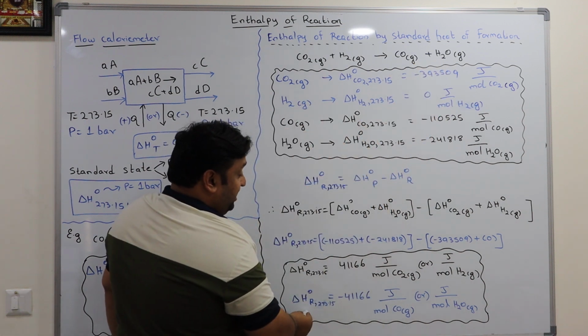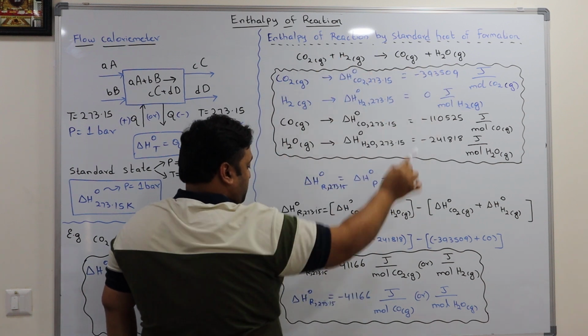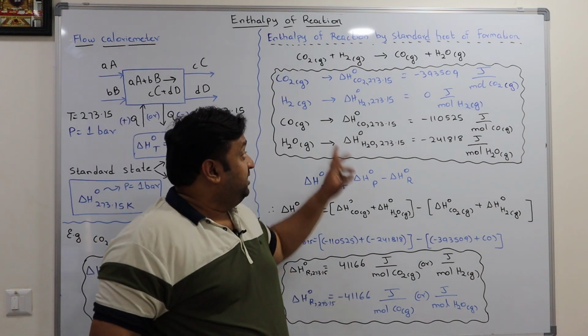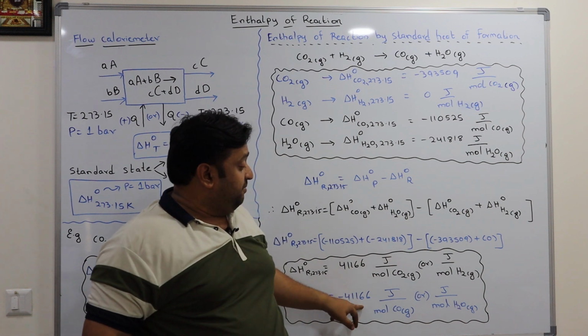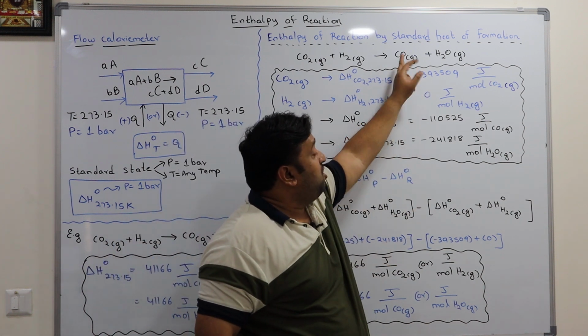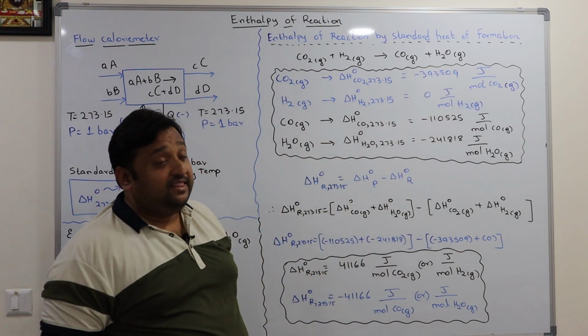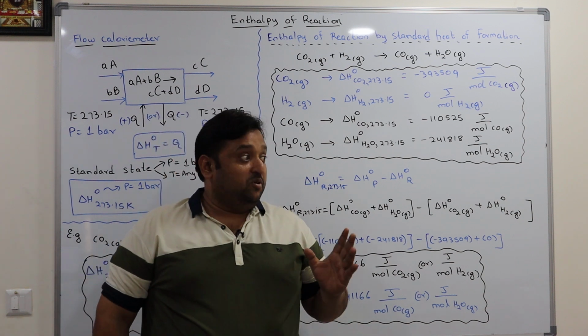So if I conduct the reaction CO plus H2O gives rise to CO2 plus H2, you get a negative number. That is, for this particular reverse reaction, minus 41166 joule per mole of CO or per mole of water that is getting reacted in this reaction. So that is what we can go with.